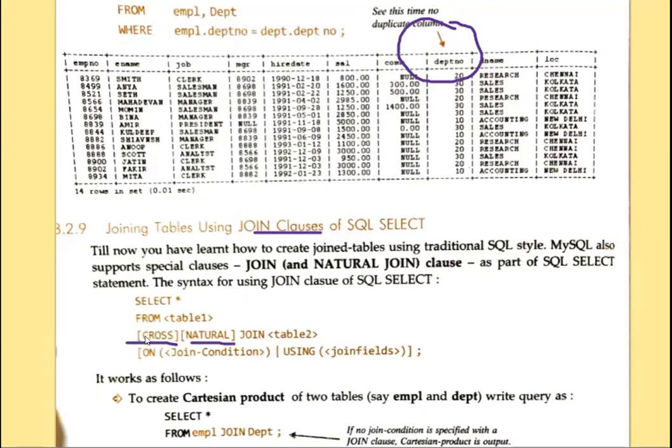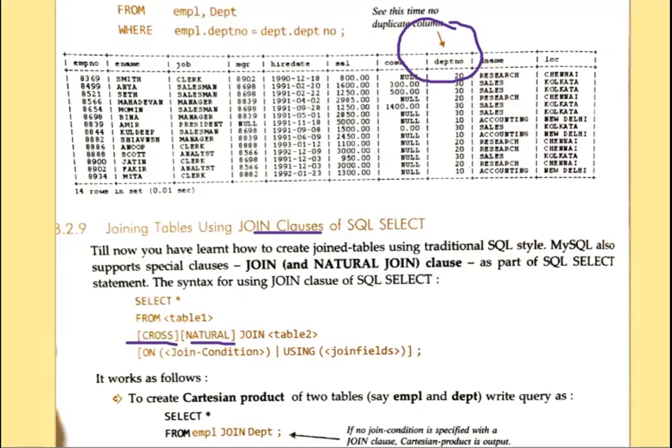Whatever we write in square brackets is optional, meaning your choice; if you don't write it, you will not get any error message. So the words cross and natural are optional, but after that join is compulsory. Suppose there are 2 tables: you write table 1 join table 2. Now which type of joining you want, whether cross join or natural join, you can specify that.